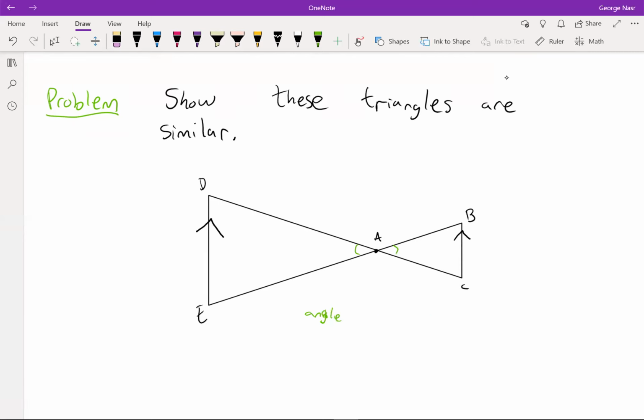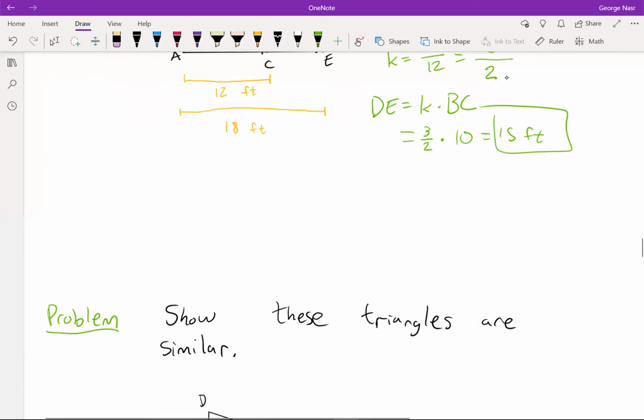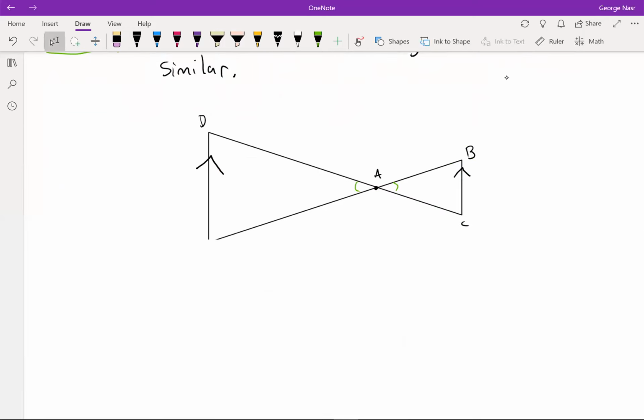This is getting maybe a little confusing because we use DAE to refer to the triangle. Let's just give these names, shall we? Let's call these A and A prime. A equals A prime since opposite angles are equal.